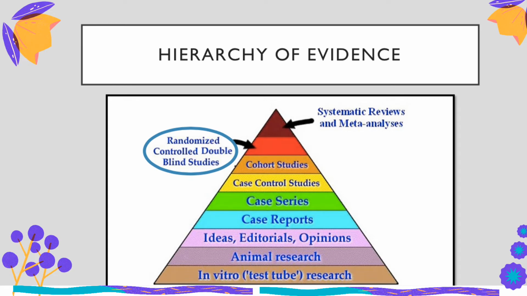According to the hierarchy of evidence, where in vitro test tube research is the lowest, followed by animal research, then ideas, editorials, and opinions, case reports, case series, observational studies such as case control and cohort, and then the randomized controlled double-blind studies. So it means that the data gathered from RCT is considered as reliable evidence for clinical care.